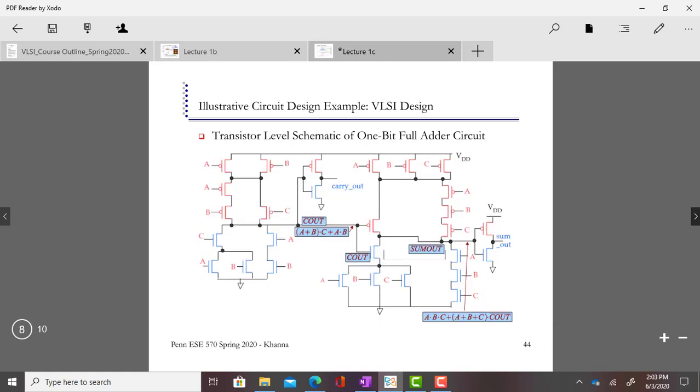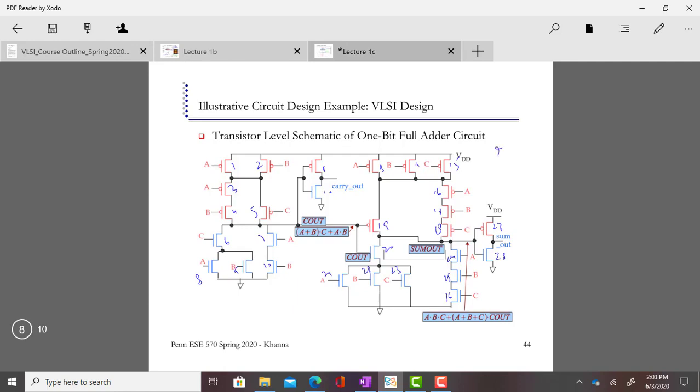Now we are entering into the VLSI design. This is a circuit which has, I don't know how many transistors: 1, 2, 3, up to 28.